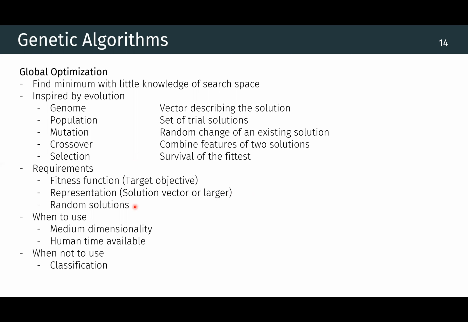And you need a way to figure out a random valid solution. So you need to be able to create random representations of some solution. If you have this, then you can use this kind of algorithm. And if you want to make this very efficient, then you have to worry about these details.